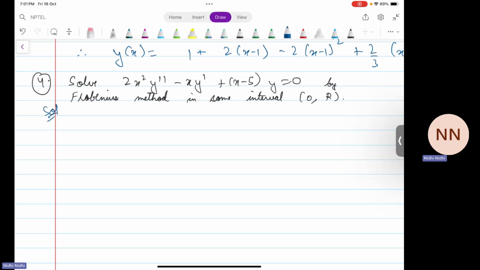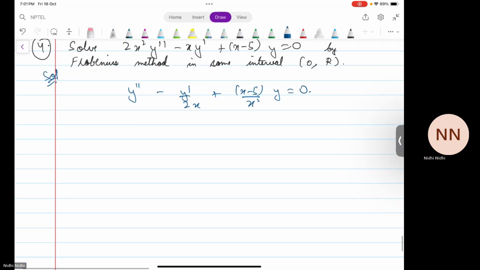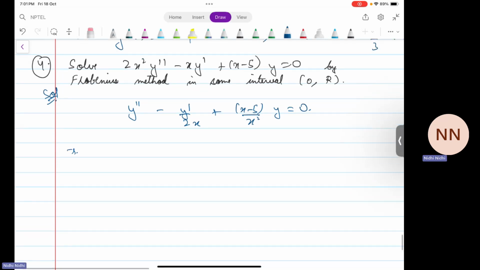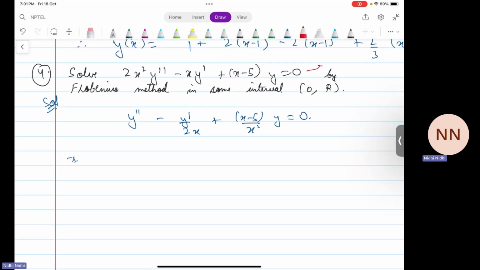Now we have y double dash minus y dash by 2x plus (x minus 5) by x square y equals to 0. Clearly you can see that x equals to 0 is a regular singular point. Let's mark this as first.